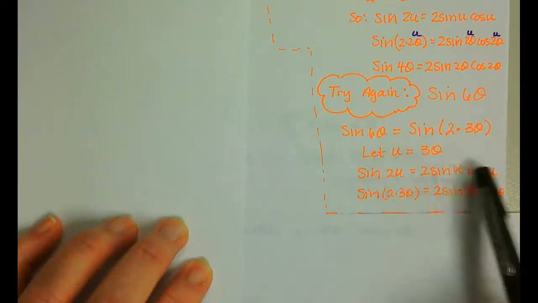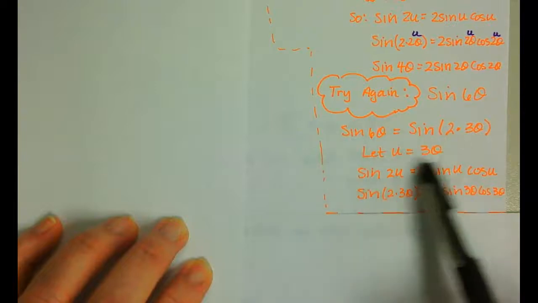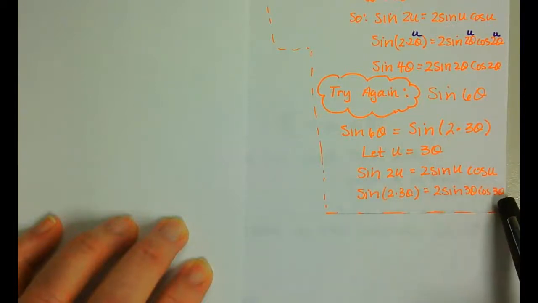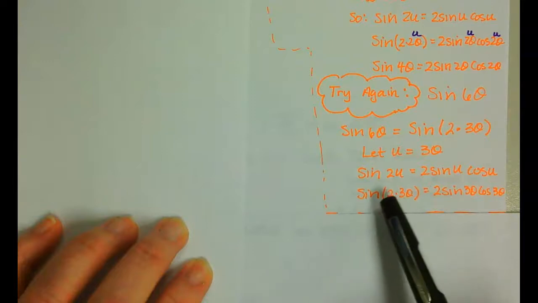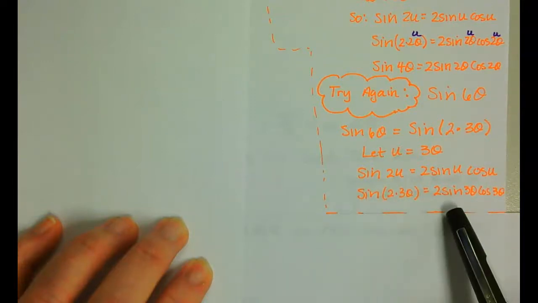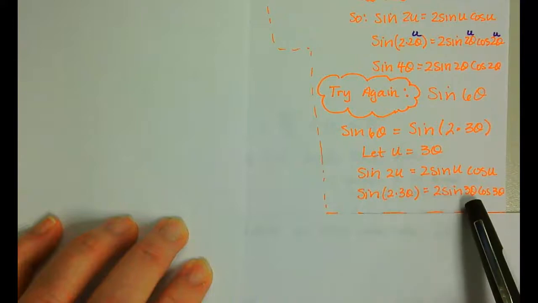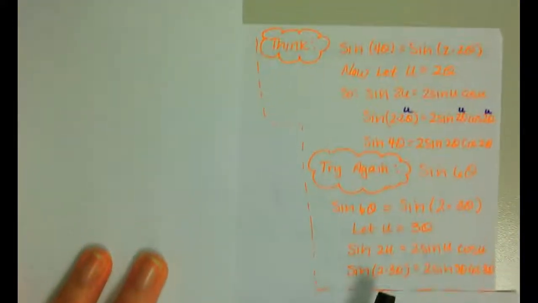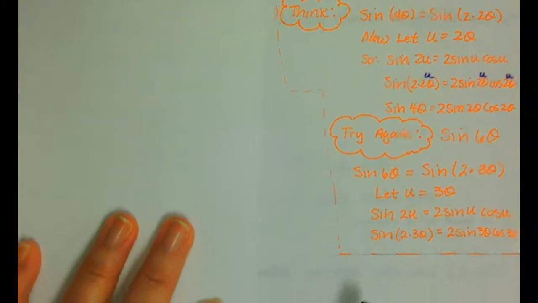And then wherever there's a u, I can plug in this substitution of 3 theta. So I have a 3 theta here, here, and here. So on this side, I have 2 times 3, which is 6. So there's my 6 theta. And on this side, I would have 2 sine 3 theta cosine 3 theta. So that's how you adjust when you have multiple angles bigger than 2.